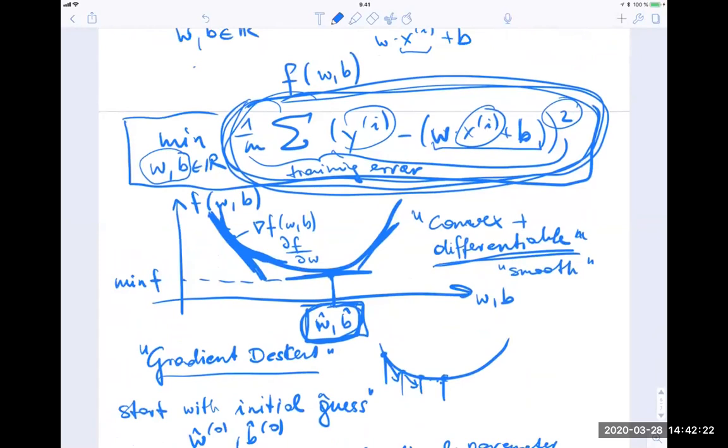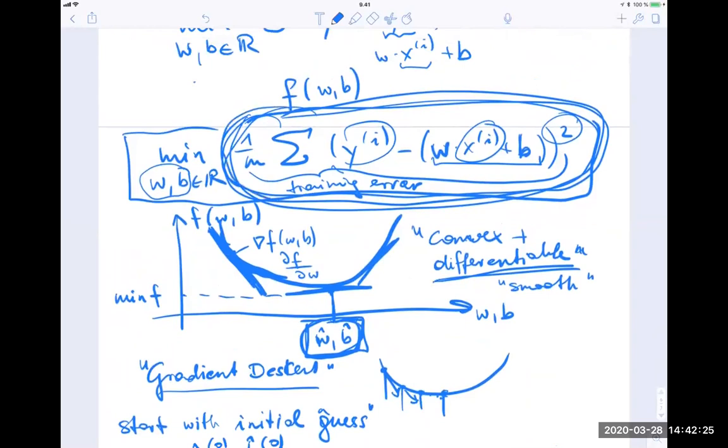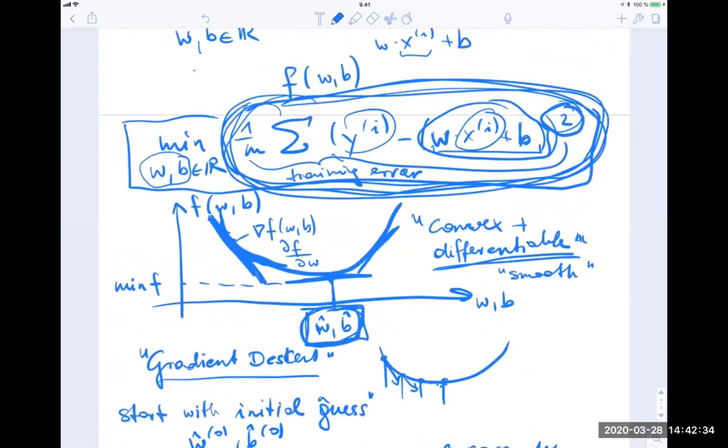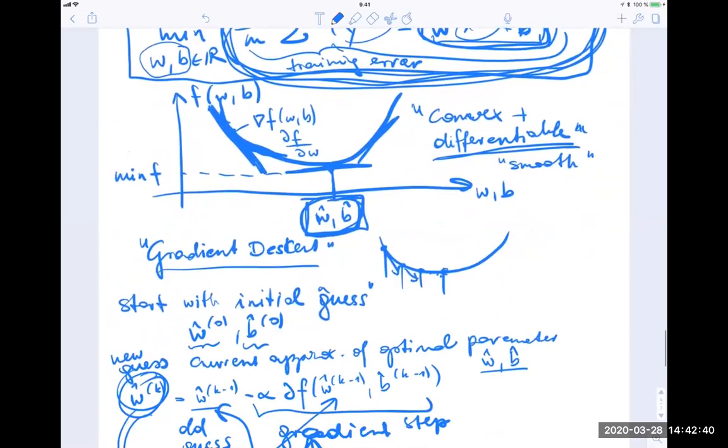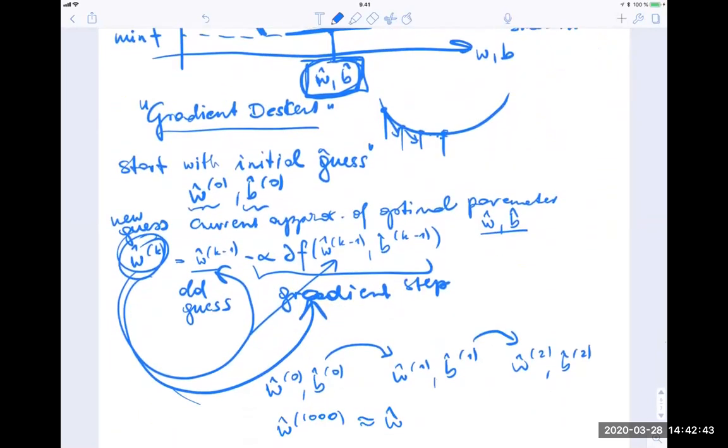But the important point here is that this loss function, this expression here, depends on the choice of loss function and on the choice of hypothesis space. So how do the predictor functions look like? For linear predictor functions and squared error loss, we get a nice problem that we can solve using gradient descent. And by the way, gradient descent methods or variants of gradient descent are the main method to do deep learning.